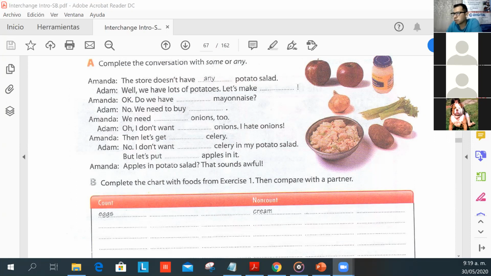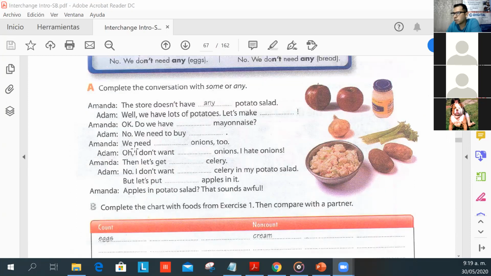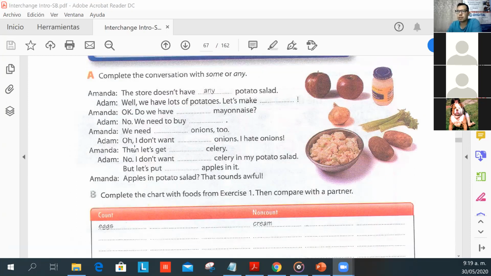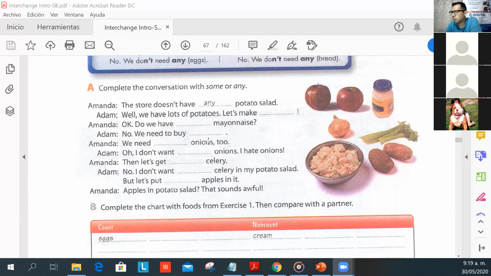Okay. If there are no more questions, let's complete these exercises in your books. Please complete the following exercises in your books. Let's complete the exercises, this conversation with some or any.